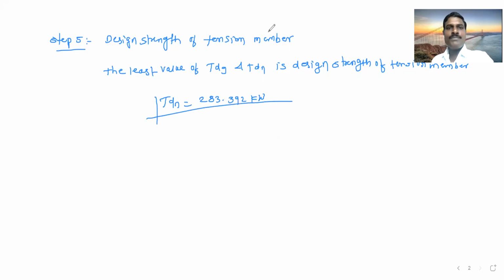It means what? Who will tell me about the design strength? There are 3 chances of failure in a tension member: due to yielding of gross section, due to rupture of critical section or net section, and due to block shear. So here the lesser strength is which? TDN, rupture of critical section.